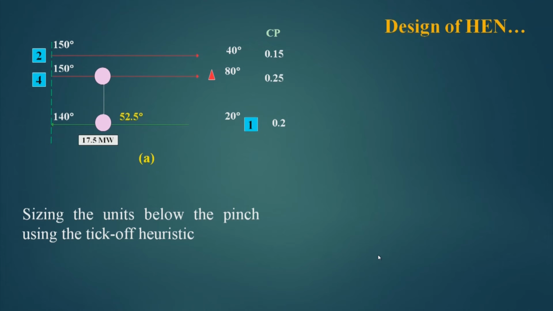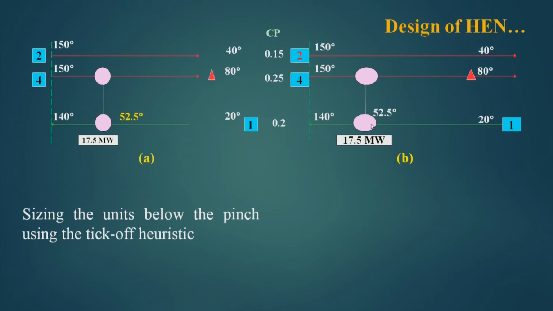So, the total heat available with this can be directly given to this and we can tick off this stream. Number 4 is ticked off now. Now, the second match is between this and this.